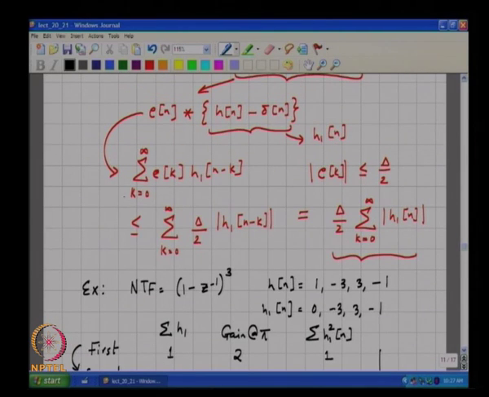The input to the quantizer is a convolution of E of k, the quantization noise sequence, with some filter transfer function, and E itself is uncorrelated from sample to sample, so the input to the quantizer is simply a sum of several of these uncorrelated random variables.